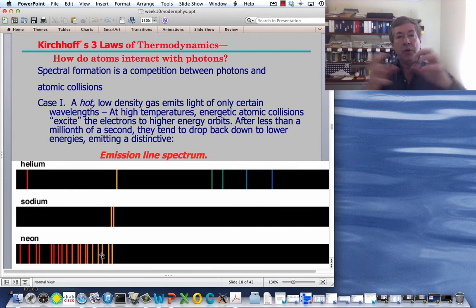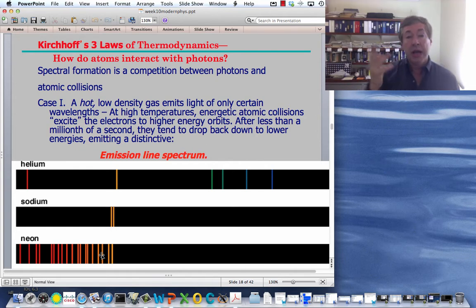So the total kinetic energy before a collision could go down a little bit. If it goes down by exactly the right amount, that quantum packet of kinetic energy could be converted into the energy to jump an electron up, to excite it, if it takes exactly the right amount of energy.